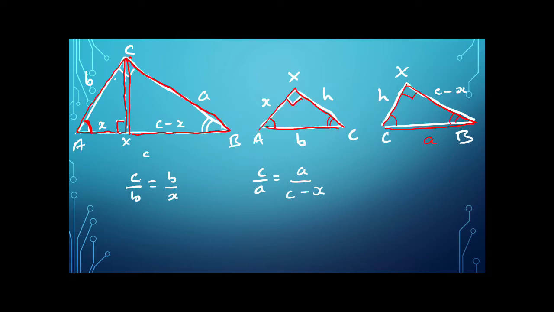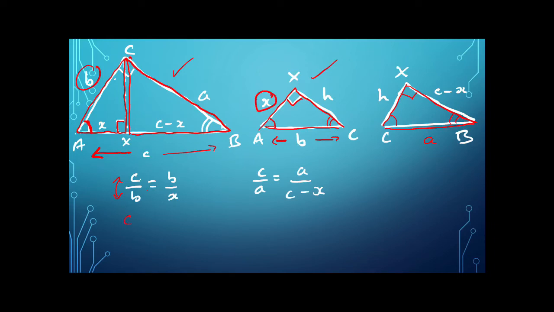The first one, I've looked at the ratio C to B there. So we take these two triangles here, so C divided by B must be the same as B divided by X. So that ratio must be the same.